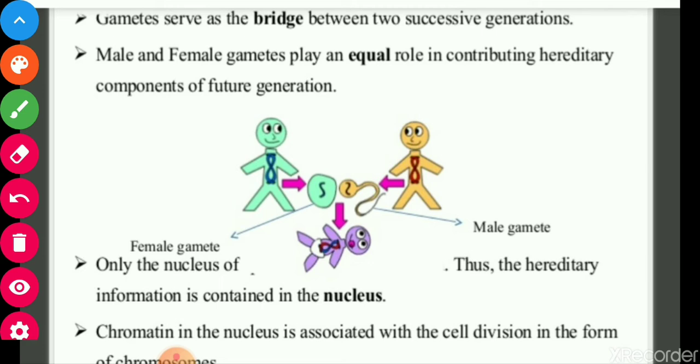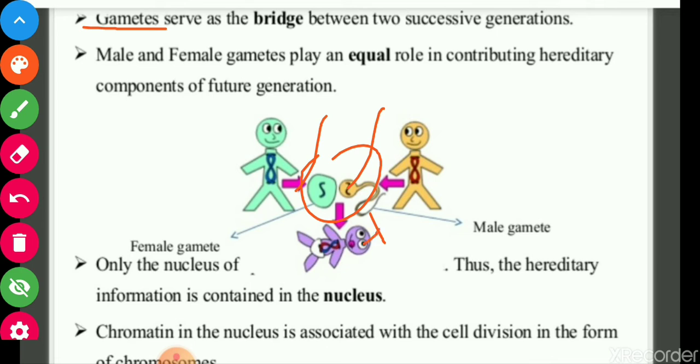See, gametes serve as a bridge between two successive generations, because gametes are the units which transfer genetic information to the next generation. So these are called gametes. Male and female gametes play an equal role in contributing hereditary components for the future generation, because these are the units which on combination give rise to the next generation.